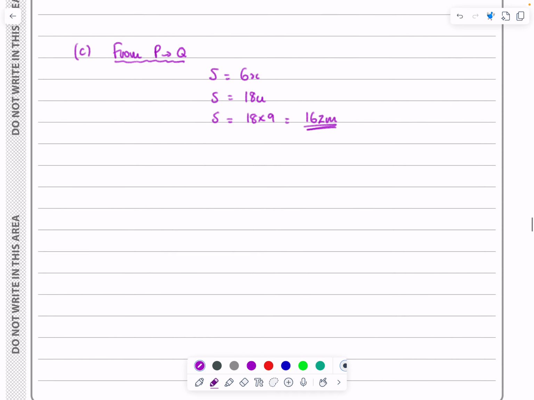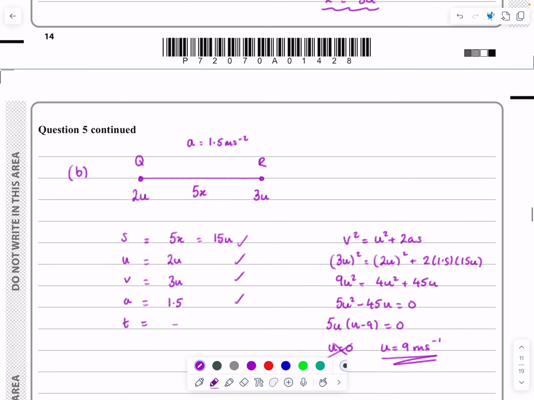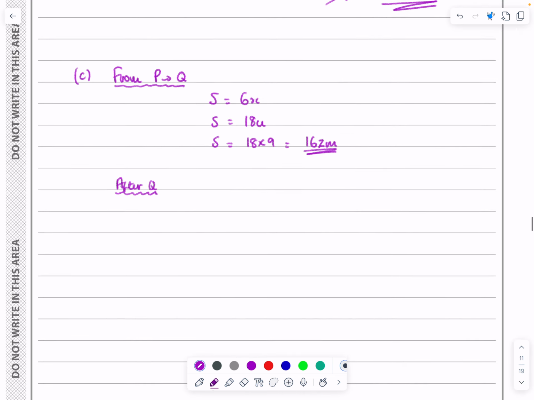And then from Q onwards, what have we then got? Well, we've then got to use SUVAT to be able to work that out. So we know that u is equal to 9, remember? So I'm going to have u is 18, I'm going to have v, I don't know, that's what I'm trying to work out. a is 1.5, let's put all the information in.